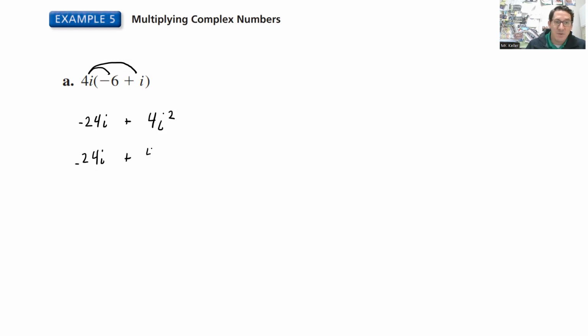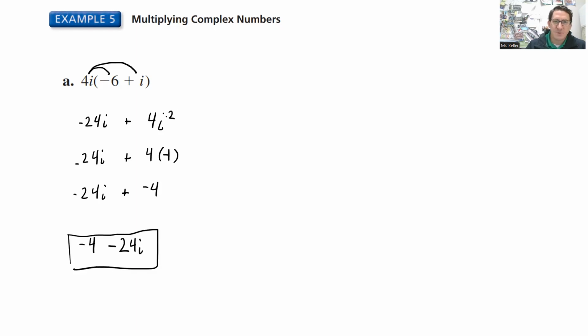I squared, remember, is -1, so I'm going to change that i squared to -1. So -24i plus 4 times -1 is -4. So it's -24i plus -4. I'm going to take one more step and write this in standard form, where the real part comes first: -4 minus 24i. That's it. Just remember that i squared is equal to -1.